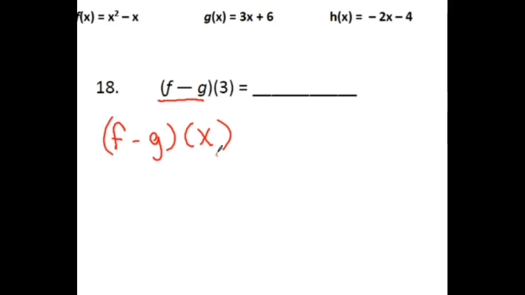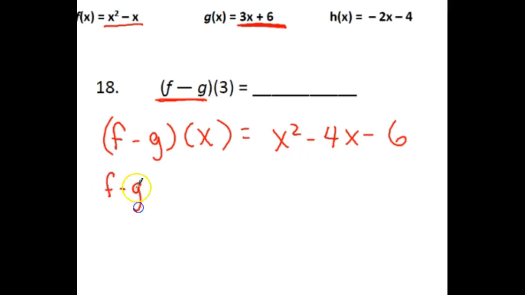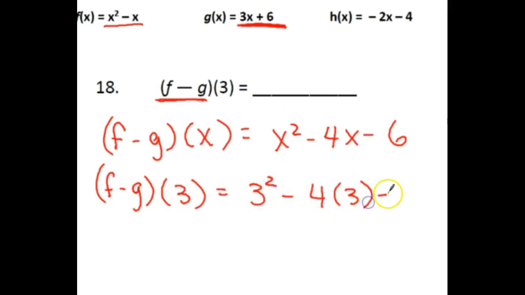If we subtract this from that, we get x squared minus 4x minus 6. We did that in a previous problem. But this problem says after you subtract it, then input the number 3 in place of the x.